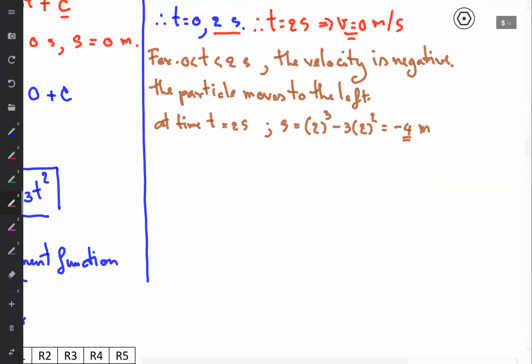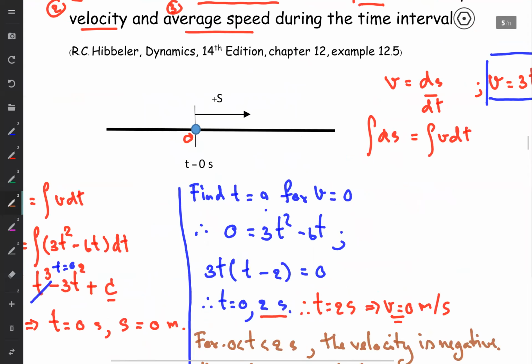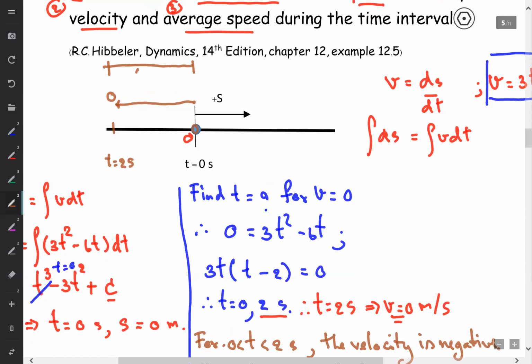So this means it goes to the left, because the positive one is to the right. When time equals 0 seconds, it starts at this point, and when time equals 2 seconds, the particle is moving to here, which is 4 meters.